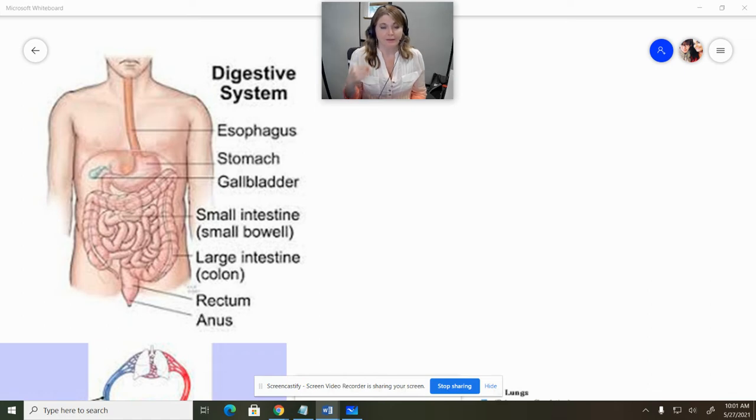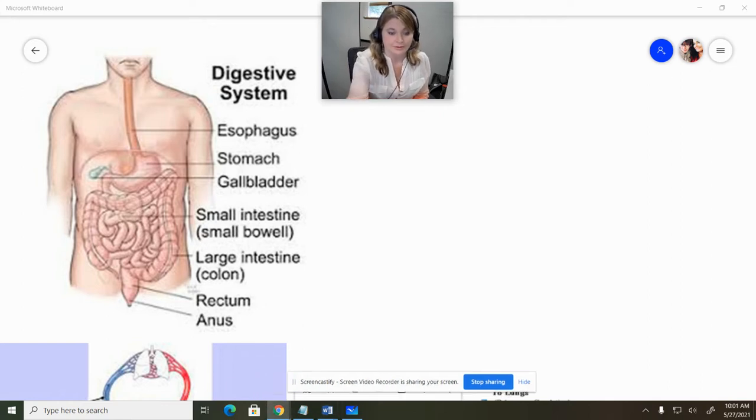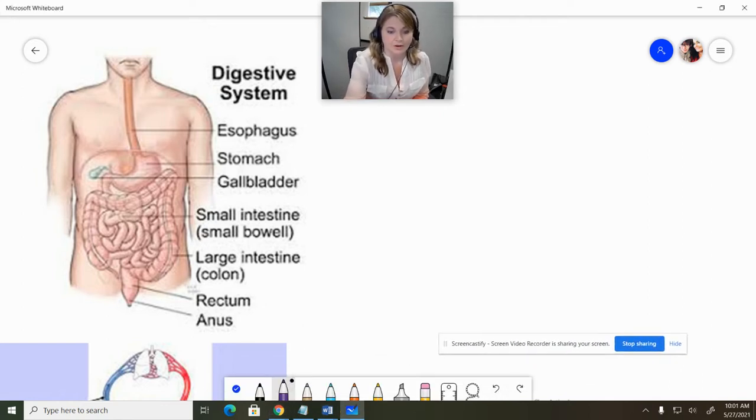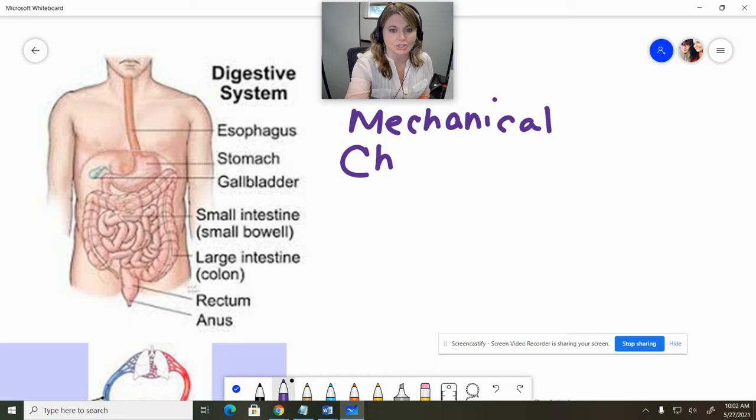We have two different processes in which digestion can occur. We have something called mechanical digestion, and then we have something called chemical digestion.